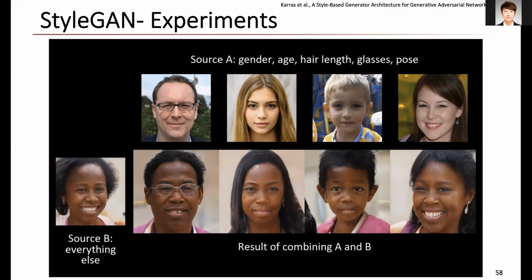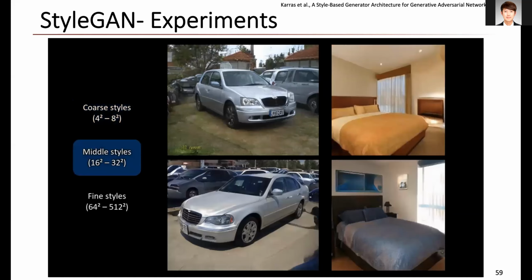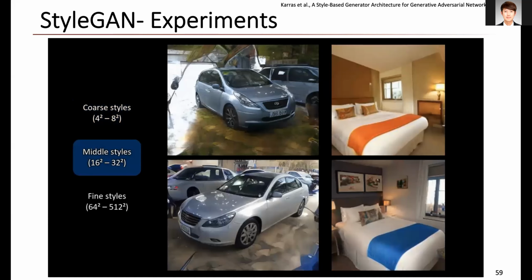Rather than just using face images, they also show other object classes or scenes, indoor scenes. Of course, the quality of the generated images is not so impressive compared to the face images, but they still look very, very realistic.